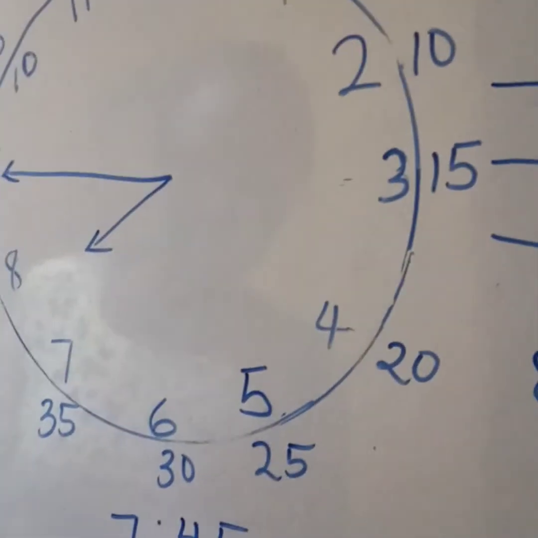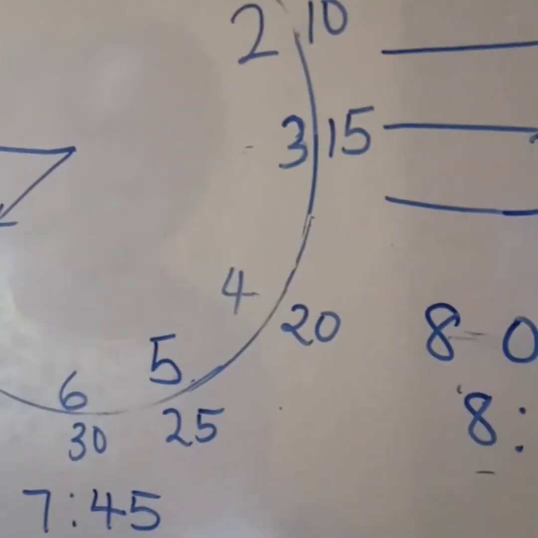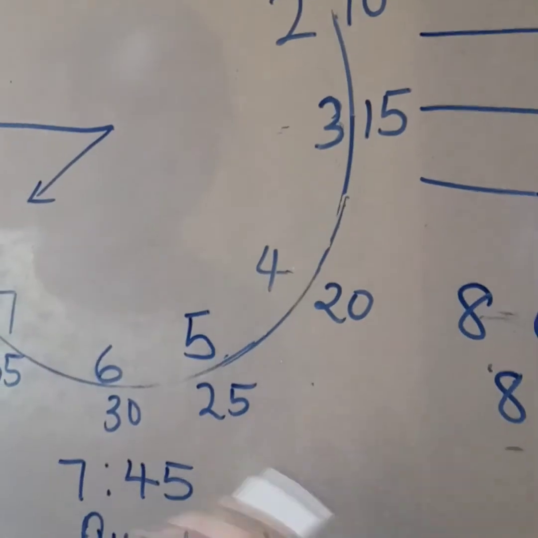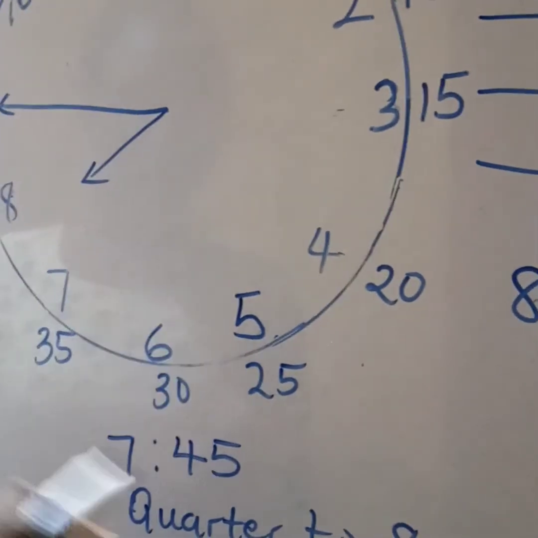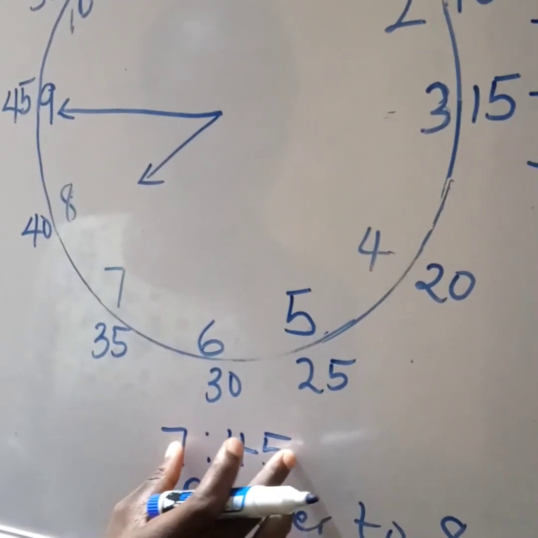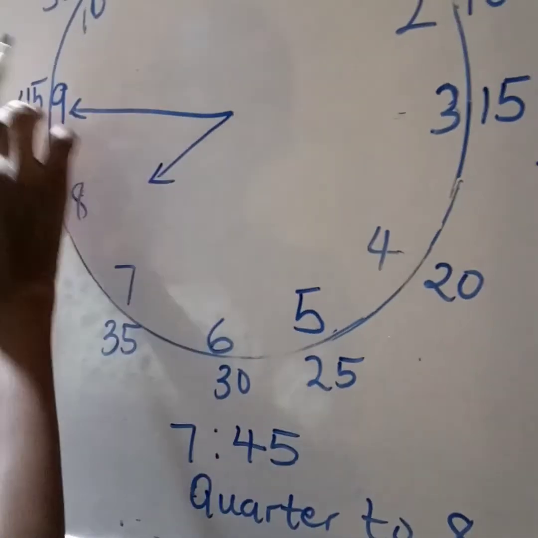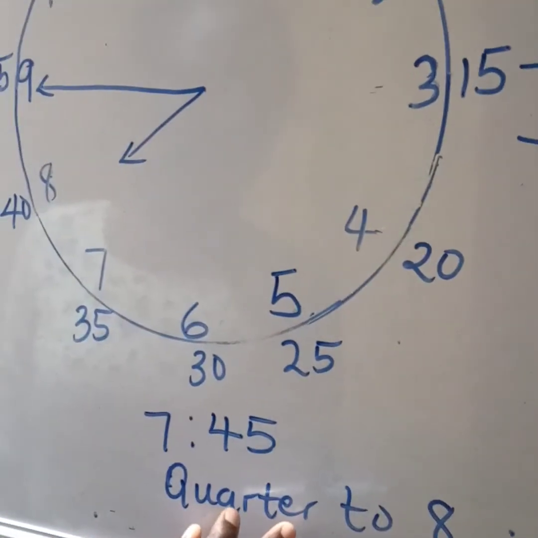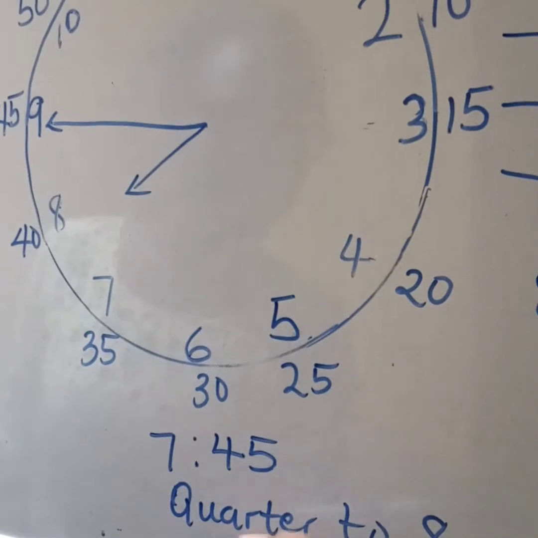Quarter. This is quarter to 8. It's going to 8. It's not going to 7. So digital is 7:45. And if it is analog, quarter to 8.